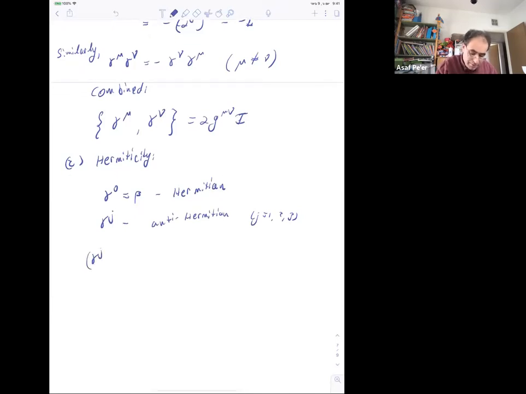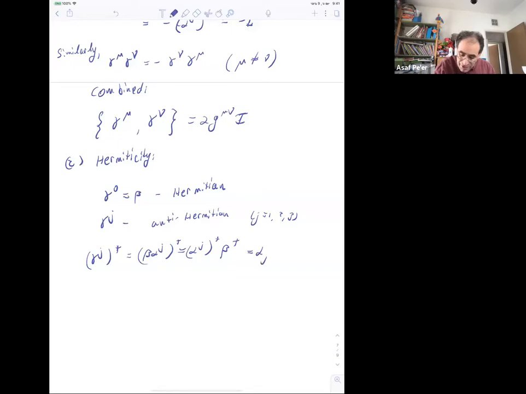Gamma j dagger is beta alpha j dagger, which is alpha j dagger beta dagger. But we said that the matrices alpha and beta are Hermitian.